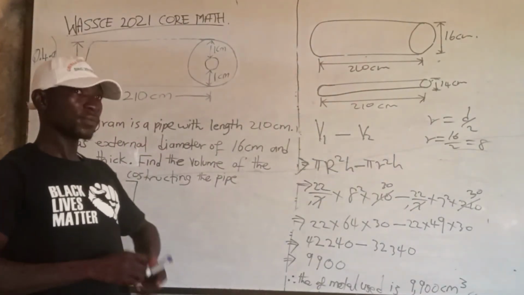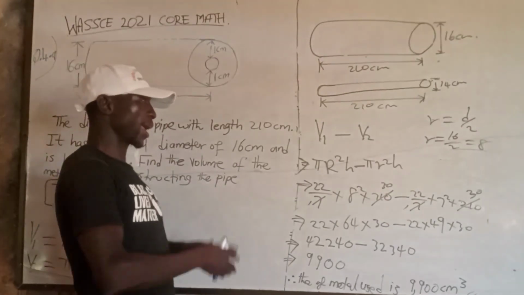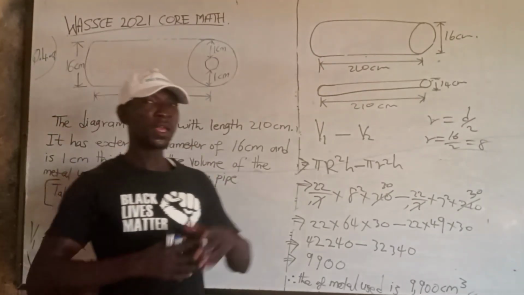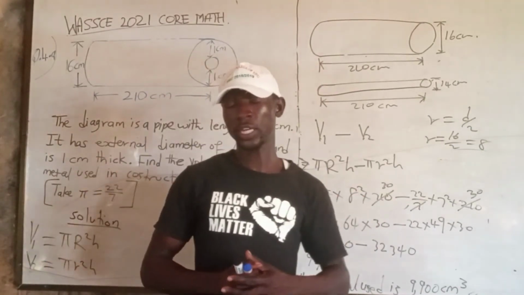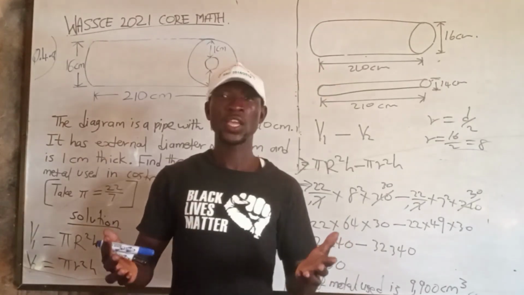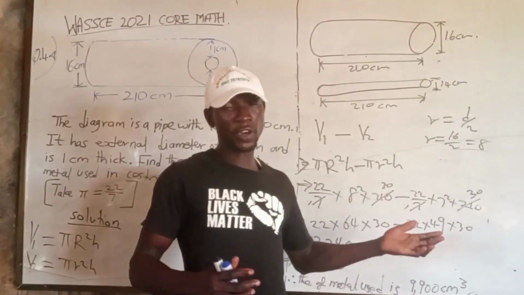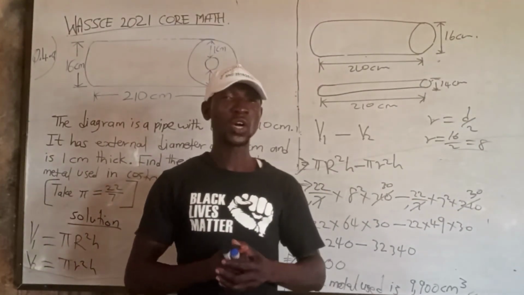So guys, this is what was required of the candidate. So if you sat for this exam and you got this correct, we say thumbs up and congratulations. And if you didn't sit for it, but you worked it and got this, congratulations to you as well.